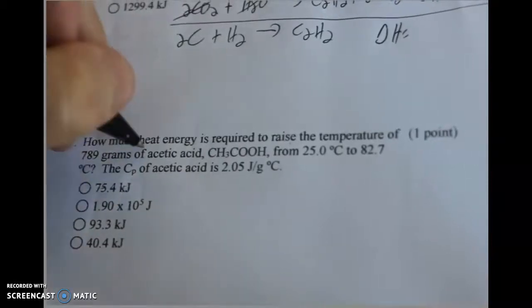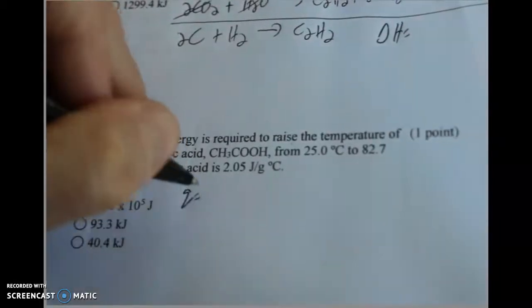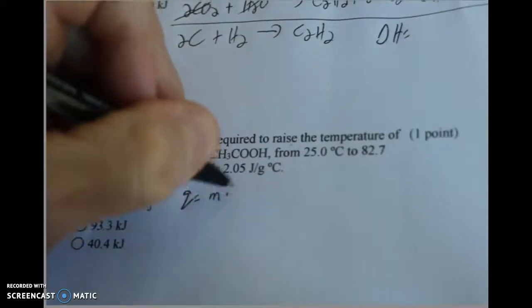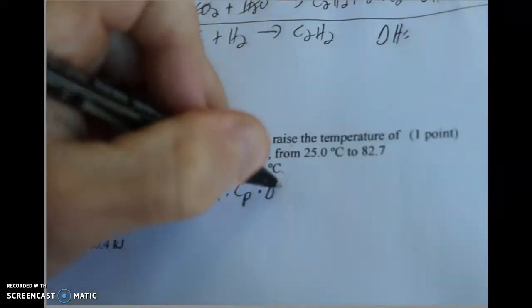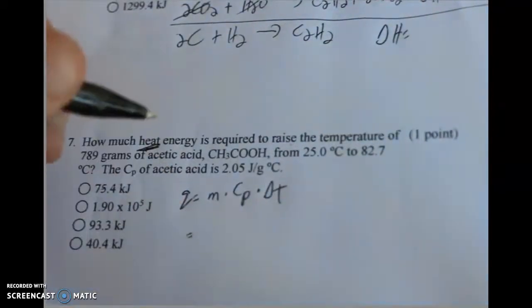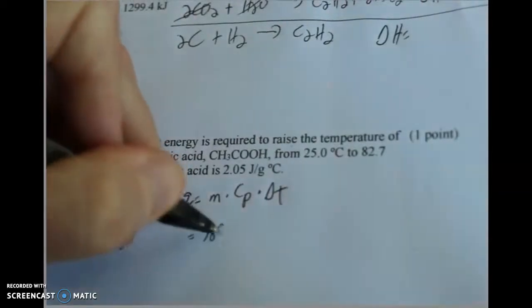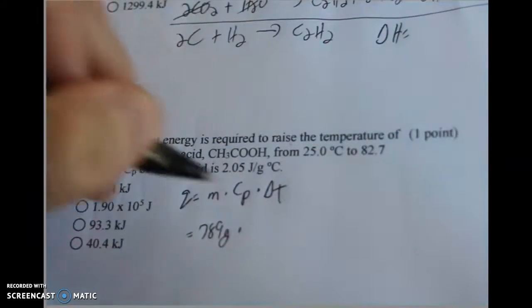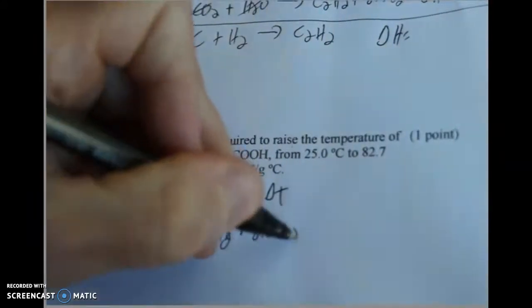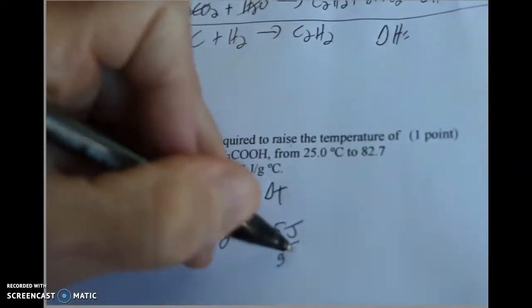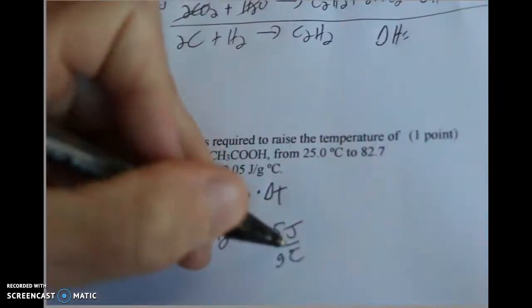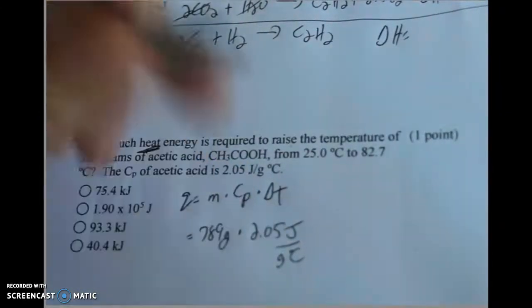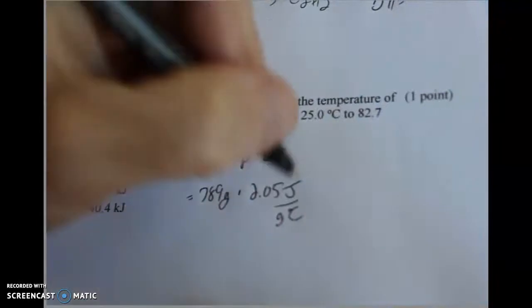So if it's asking just flat out heat, the equation is Q equals mass times specific heat capacity times delta T. The mass is given in the problem at 789 grams. The specific heat capacity is 2.05 joules per gram degree C, and get into the habit of writing the units in the problem because it's going to let you know if you're setting it up right or not.